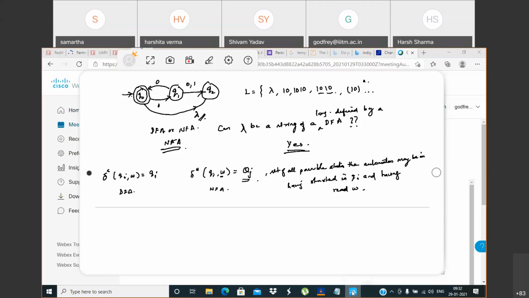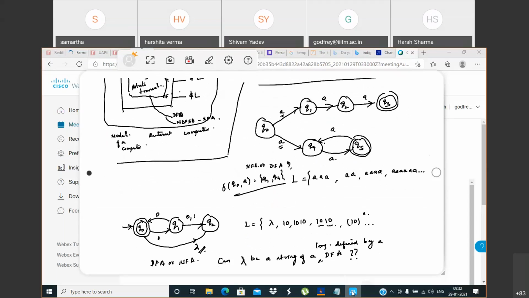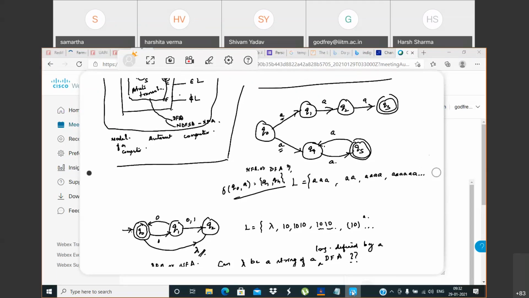If you take this example, delta star Q naught comma A A, what is this going to be? On reading A, you may be either in Q2, or you can also be in Q5.